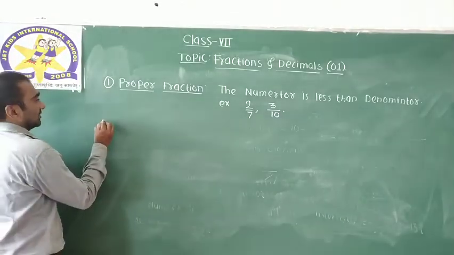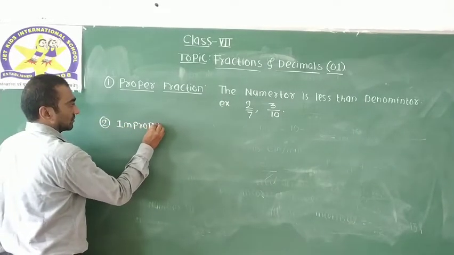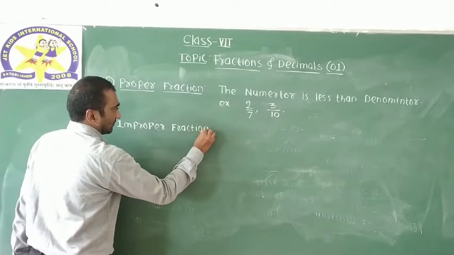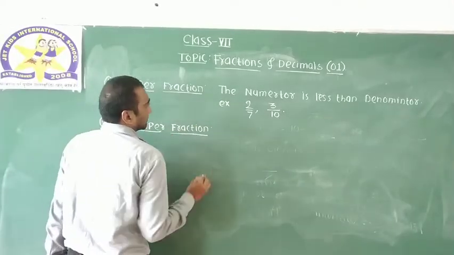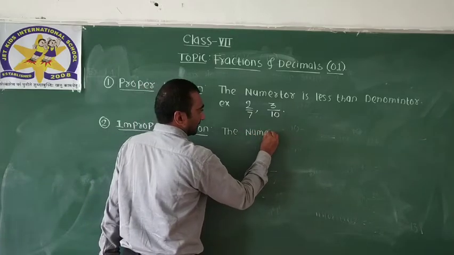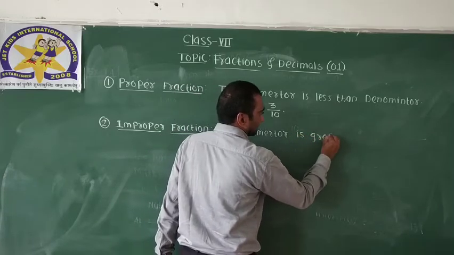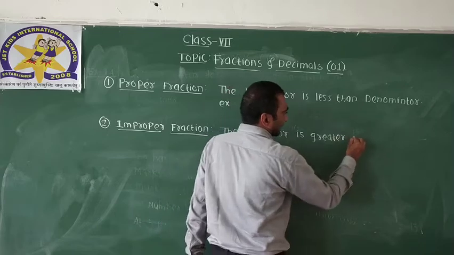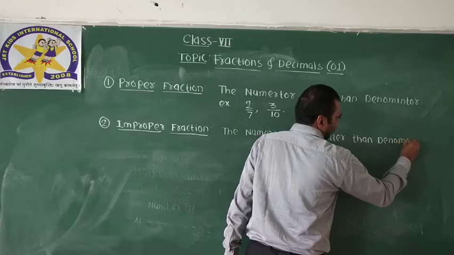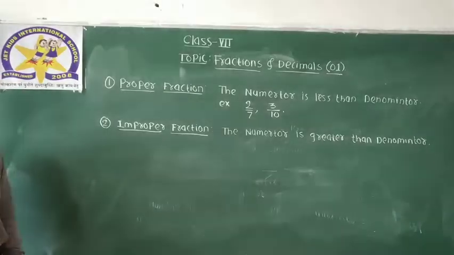After that, we have to see improper fraction. In an improper fraction, the numerator is greater than the denominator.